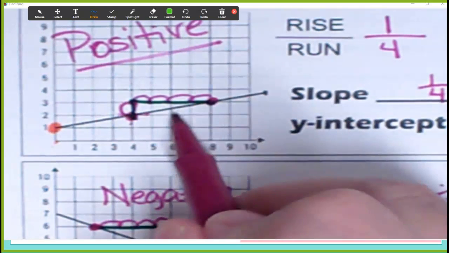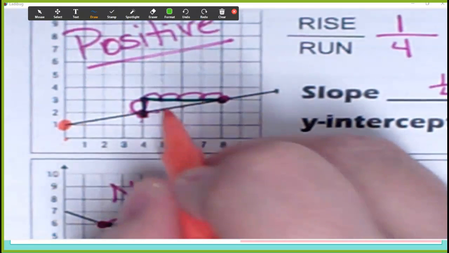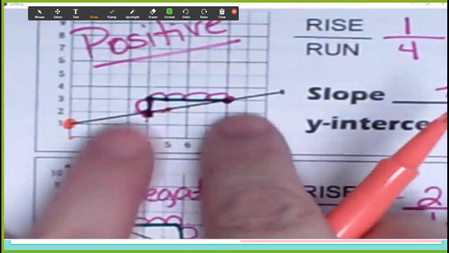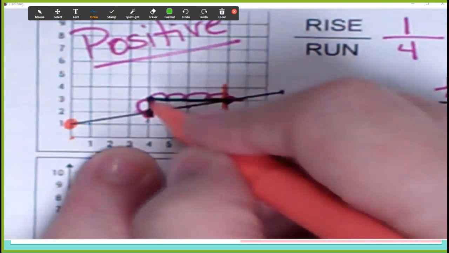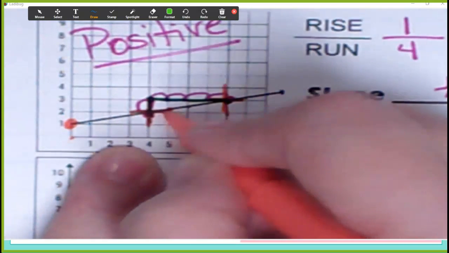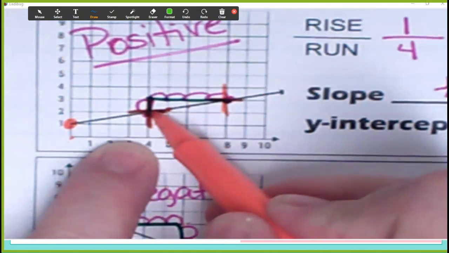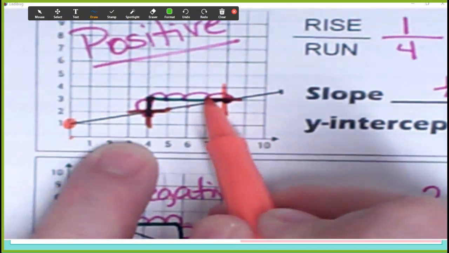If I went right here, or even to this point right here, I would have to estimate how far up it is. I don't want to estimate because then I can't get an exact answer. If I put points that match up exactly on those lines, your X and Y coordinate lines, it makes it easier because I know when I'm counting one full block.